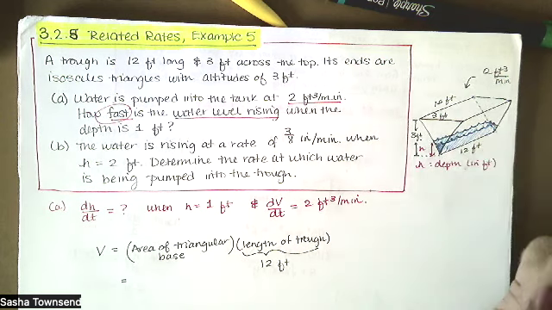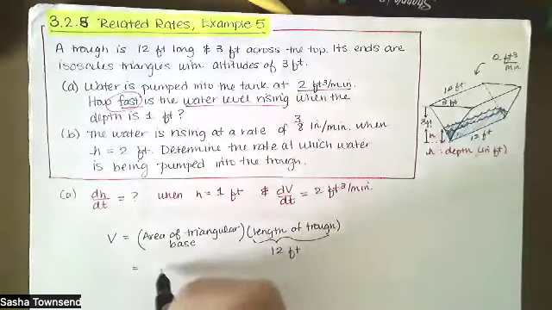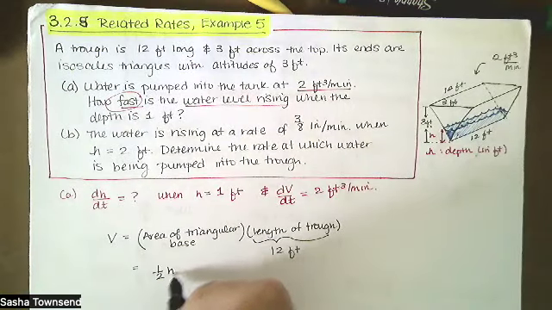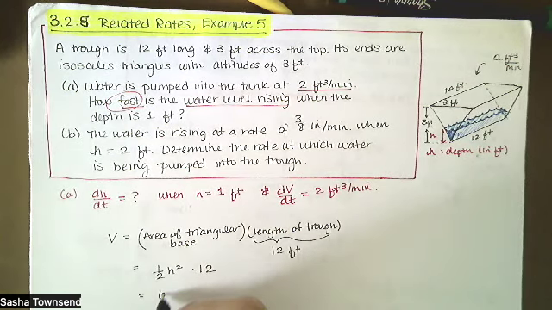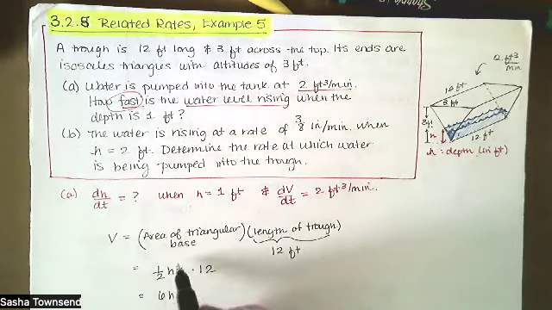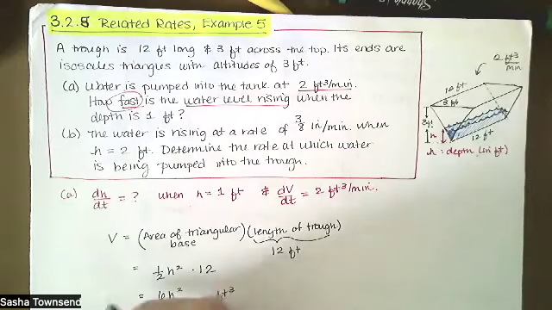They're similar triangles. So we're going to have 1/2 h times h, or h squared over 2, times that 12. It's giving us 6h squared. h is in feet, this is 12 feet, so we're going to have 6h squared cubic feet as our volume.